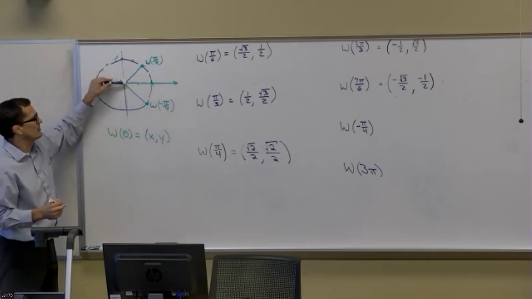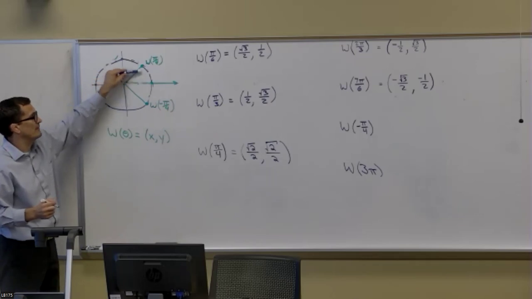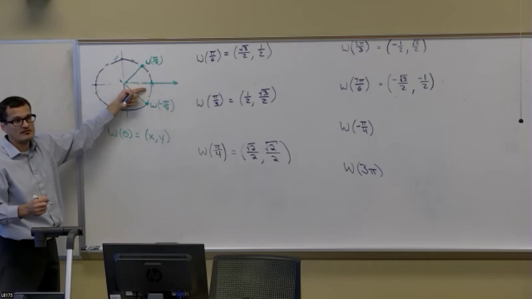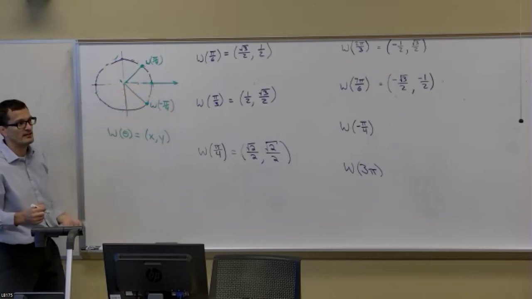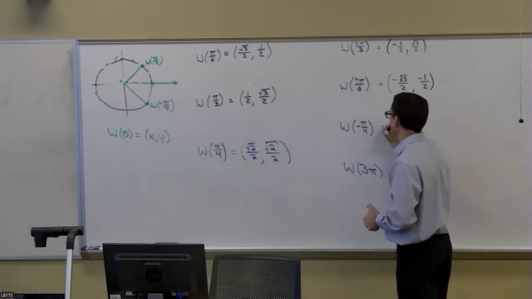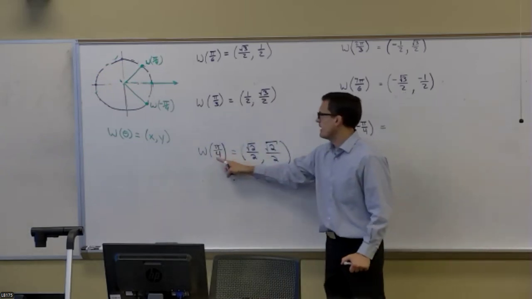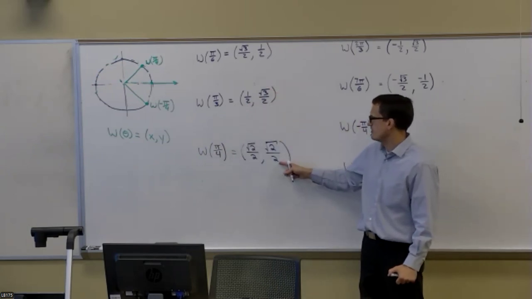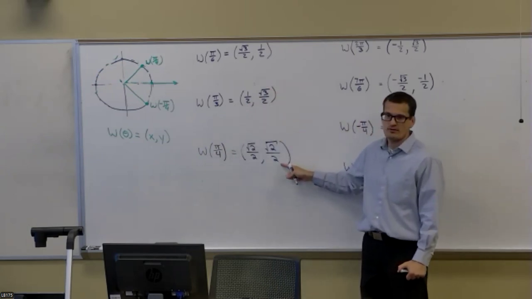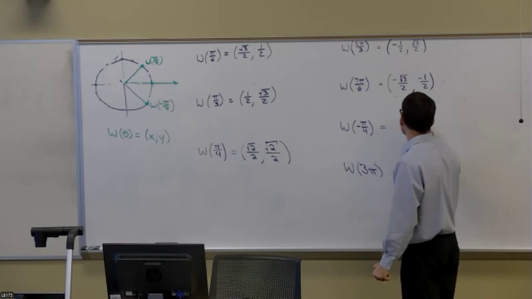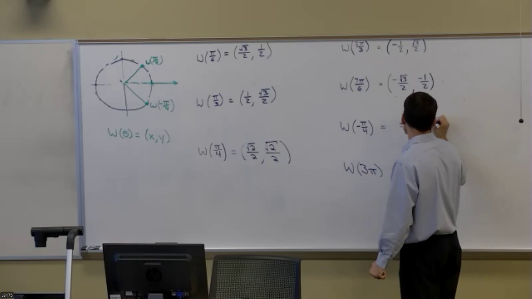Notice, I can't draw this very well, but notice that's going to have the same x value. So x is still going to be positive, but the y value is going to be negative. So that means the wrapping function is going to be the same output as pi over 4, just projected across the x-axis. So negate the y value. That's going to be a positive root 2 over 2, comma, a negative root 2 over 2.